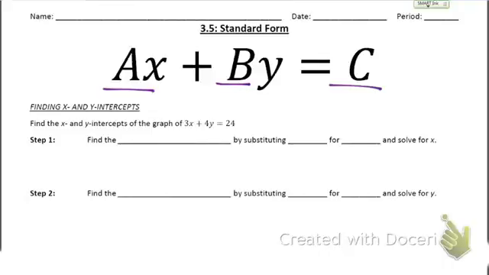Something that we also want to make note of when we are talking about standard form is that we want A and B to be integers, and we want A to be positive. Okay, so we're going to get into that, but I want you to write that down. A and B are integers, and A is positive.